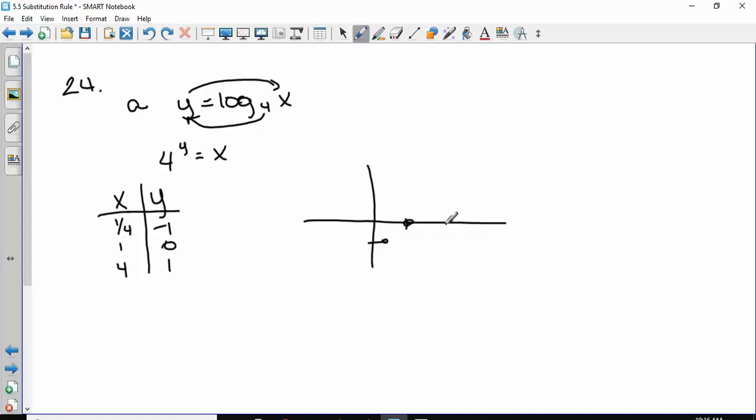So 1/4, negative 1; 1, 0; 4, 1. Remember the log, your argument has to be positive, so this is just kind of like a vertical asymptote right here. So it looks like that.